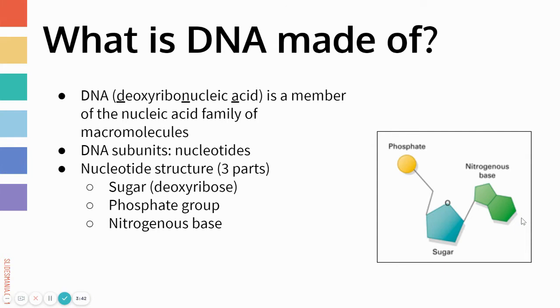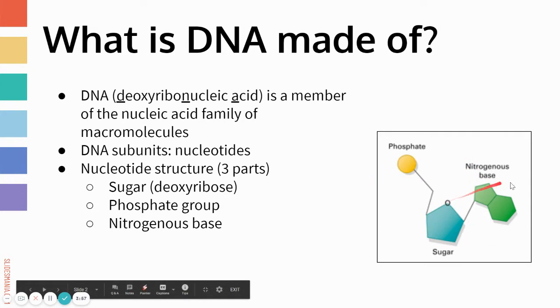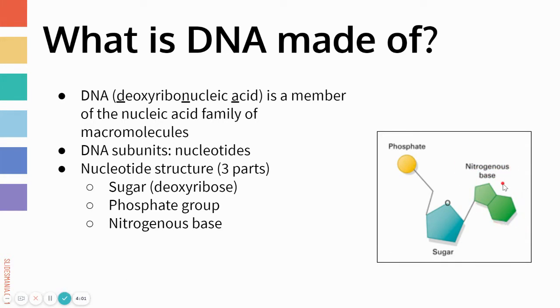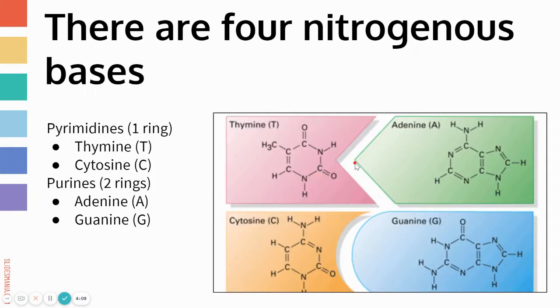Proteins are made up of amino acids, and we said there are 20 different kinds, right? And that's what gives proteins their variety. And in each amino acid, it's different because of that R group that was hanging off of the side. For nucleotides, the part where the variation is going to occur is going to be this nitrogenous base. And we don't have 20 different kinds, we only have 4, but it does still give us some variety. So let's take a look at what those 4 are.